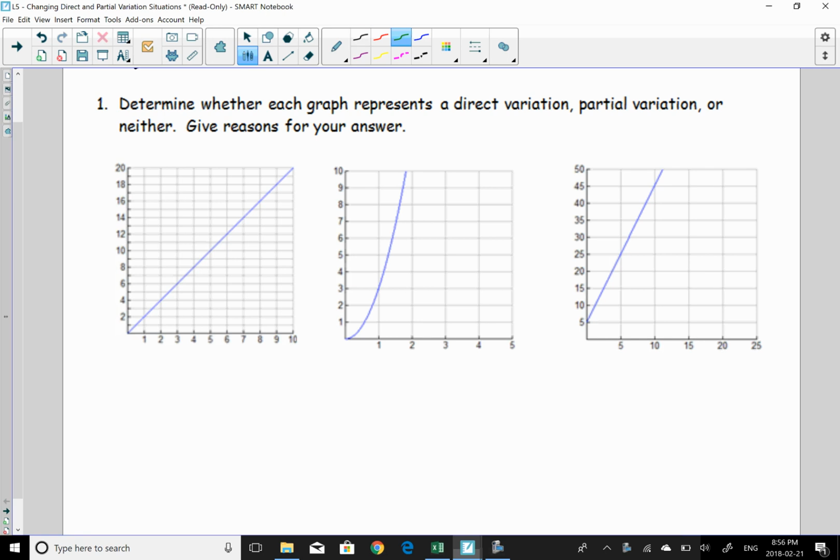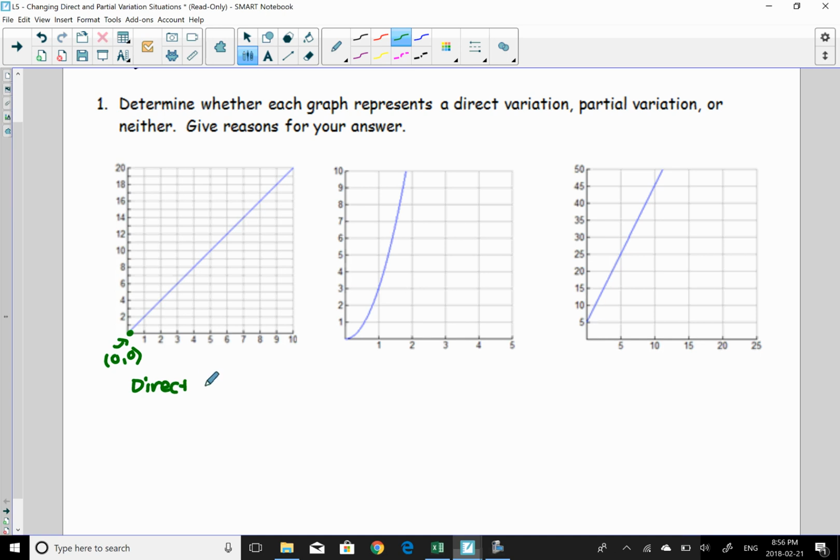So if I look at the first one, if you recall from the previous lesson, as soon as my graph goes through 0, 0, that's my point right there. That's a direct variation.